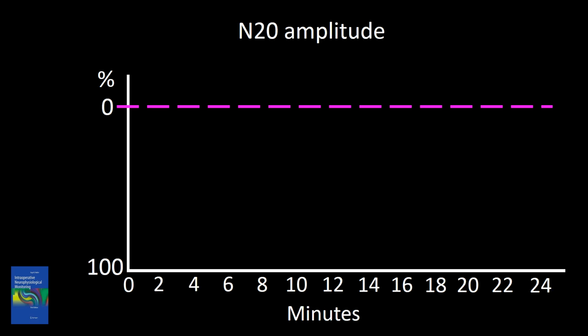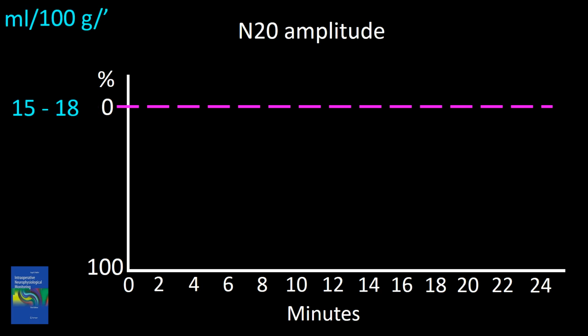If we consider the pre-arterial manipulation N20 amplitude to be 100% and follow the drop in amplitude until it disappears, the likelihood of permanent brain damage can be predicted.